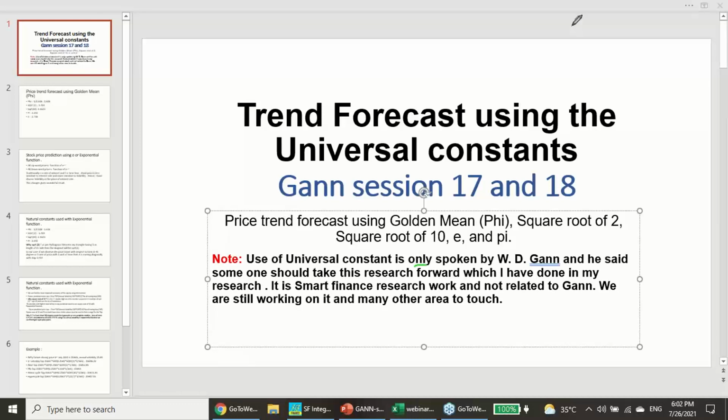He said the universal constants have a great role in our life. They are an integral part of our life, and so also an integral part of our thinking.